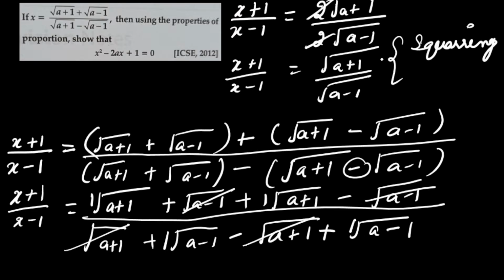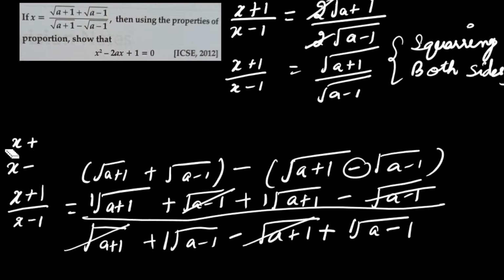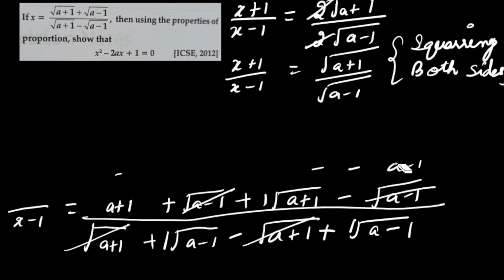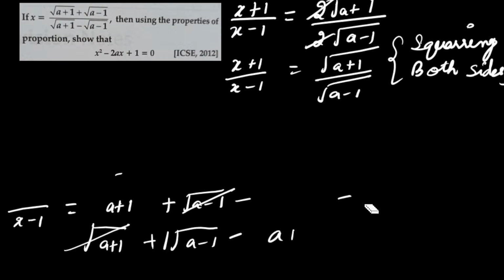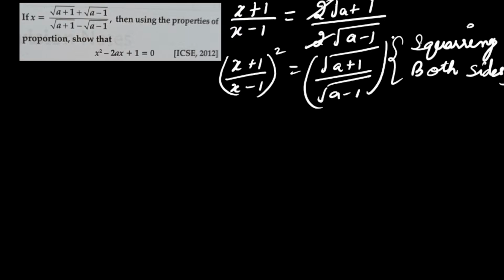Whenever a square root is there, we have to do squaring both sides. So squaring both sides, what does it mean? Whole square on both the sides. So this will become this whole square, and here also whole square.